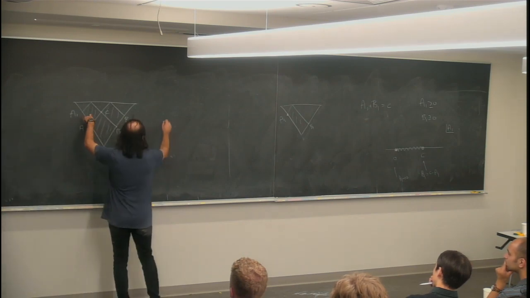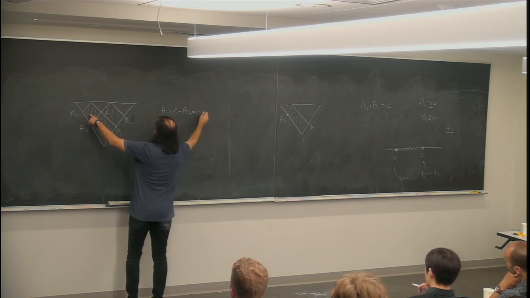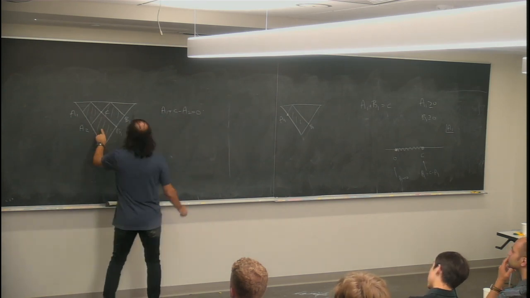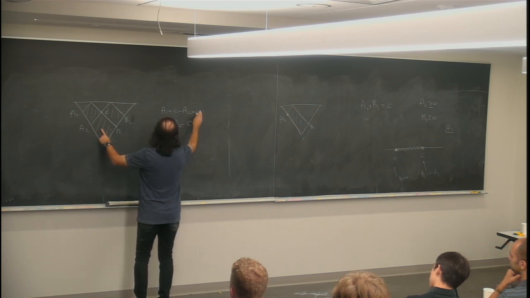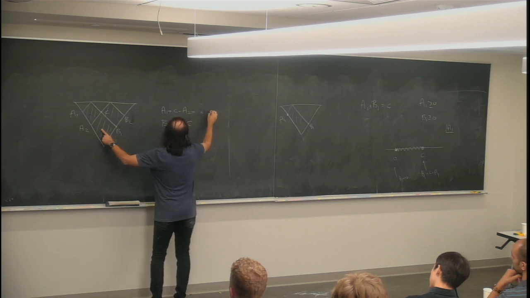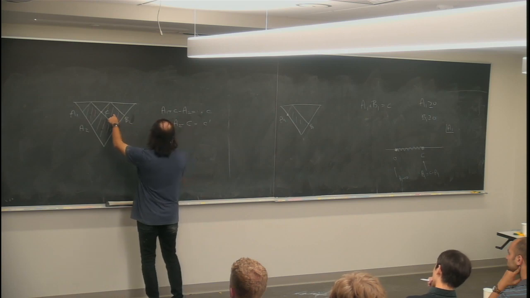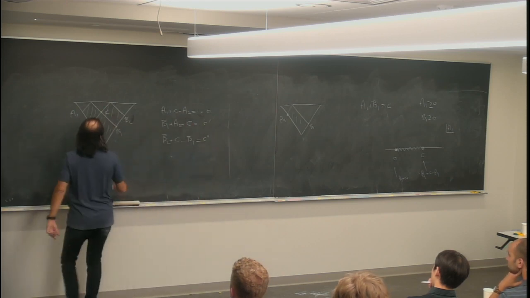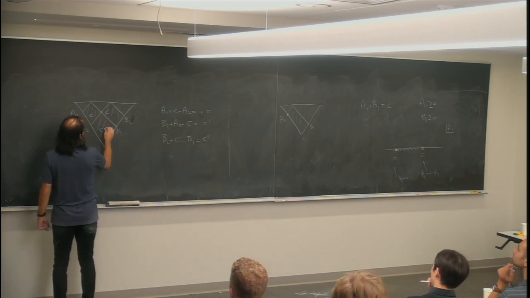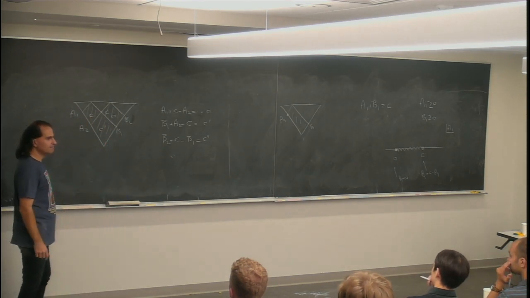So I have this basic Gauss's law that says A1 plus C minus A2 equals 0. Okay, this one says that B1 plus A2 minus C equals some source C prime. And this says that B2 plus C minus B1 is some C double prime, where these are just associated with, there's some C there, some C prime, some C double prime. Okay?